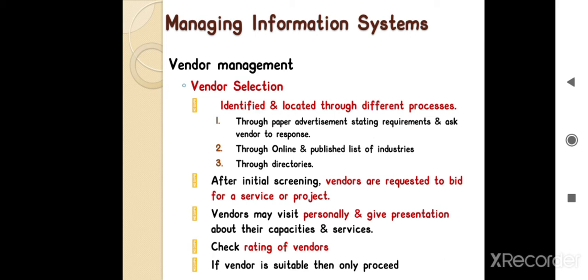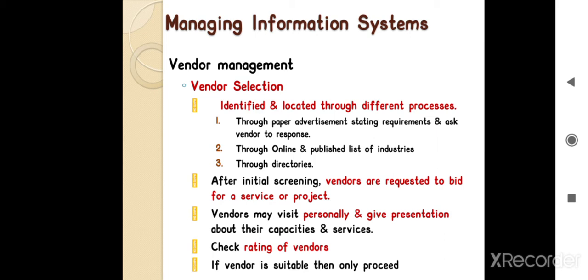The second way is through online and published lists of industries. Suppose we are on a website like IndiaMART, and we get the contact numbers of dealers who will provide us a particular machinery. In the same way, suppose I want IT services, there are a few companies and databases which provide a list of vendors who offer that service.